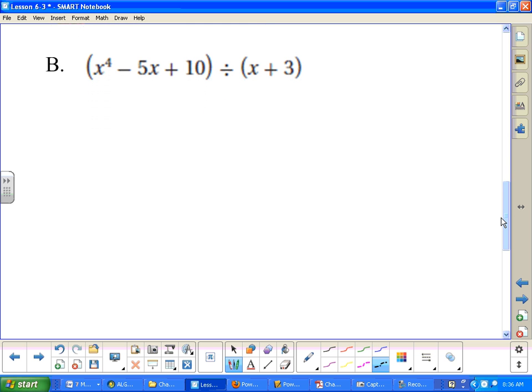X to the 4th minus 5x plus 10 divided by x plus 3. So we have x plus 3 on the outside. And then remember, we have to have place values for everything. So I need a 0x cubed, 0x squared also.